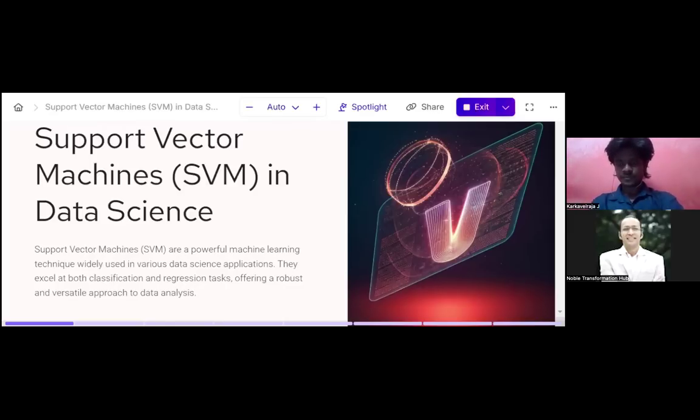It is robust and versatile for data analysis because it can perform on different vectors and different scales. It is not a linear kind of thing. It will work on different positions with different dimensions, and that is what makes it powerful.